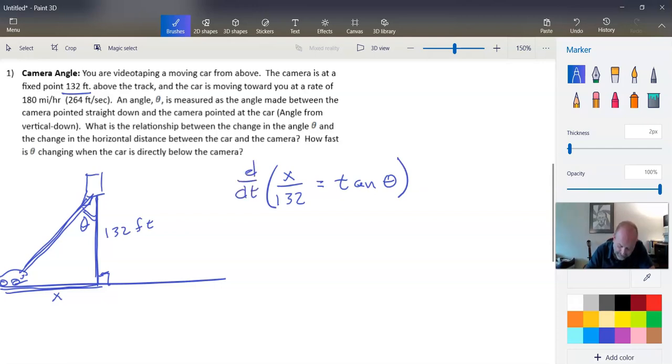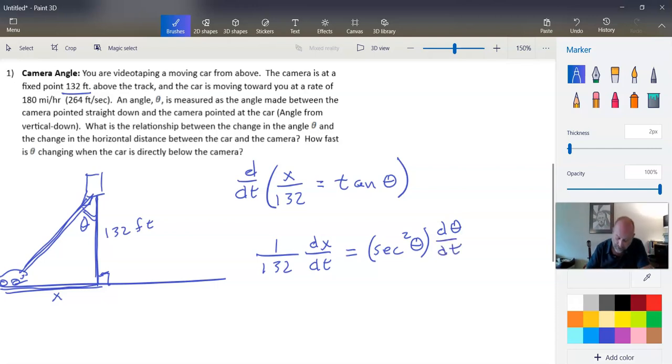So that's just a constant, so that would be 1 over 132 dx/dt. And on the other side, the derivative of tangent is secant squared, so it's secant squared theta, I'll put it in parentheses so we don't get confused here, times d theta/dt.